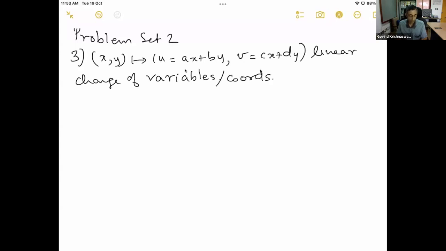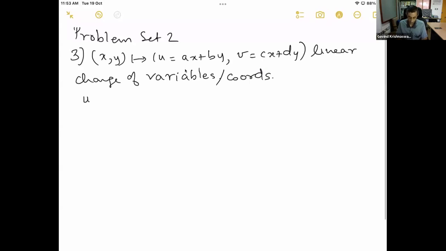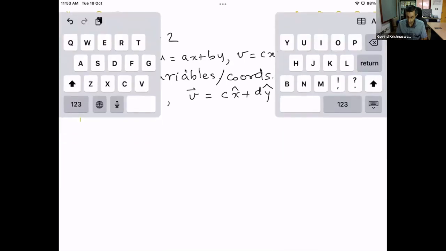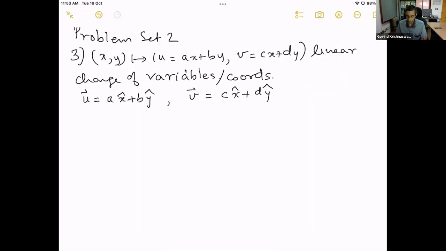Yeah, and we are told that boldface u, or vector u, is ax hat plus by hat, and v, vector cx hat plus dy hat, are vectors in directions of increasing u and v coordinates respectively. There are many examples here.